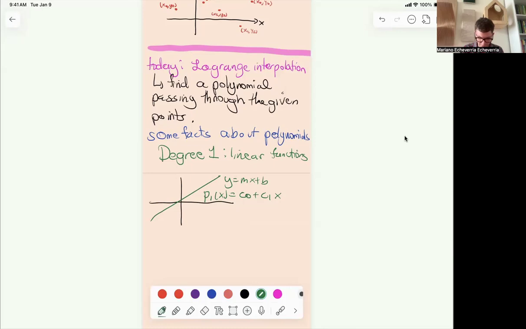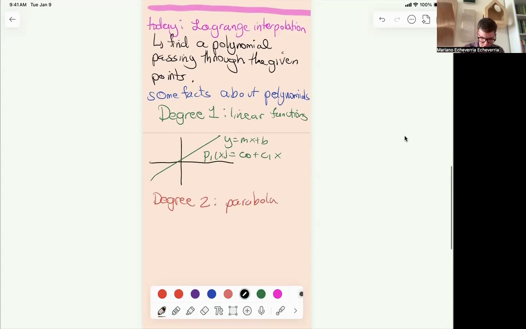If you have a degree two polynomial, that would be a parabola, right? And again, you can draw a parabola if you want. This is maybe how it looks. The traditional way in which you may have been given a parabola was something like y equals ax squared plus bx plus c, which is all fine.